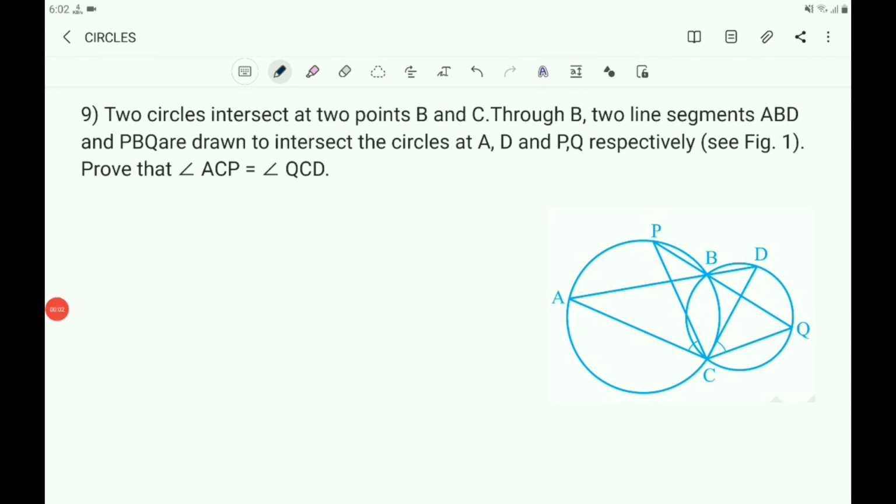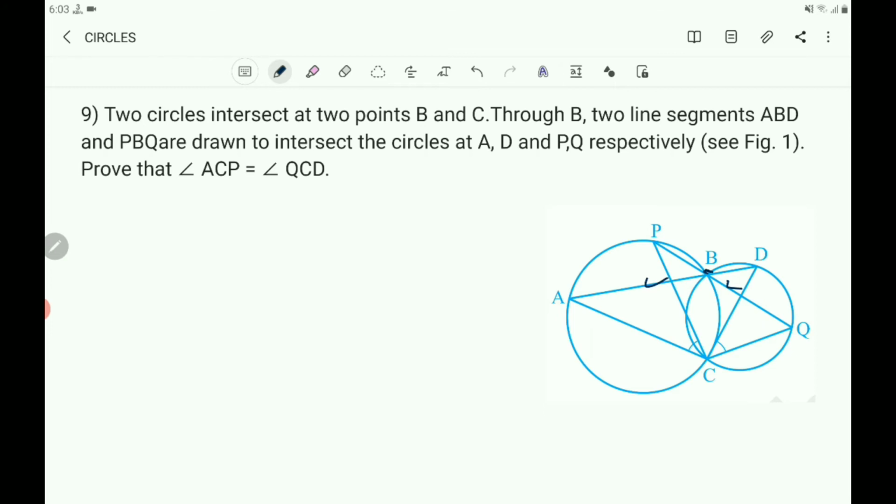Now the ninth question. Two circles intersect at two points B and C. Through B, two line segments ABD and PBQ are drawn. Through B, there are two line segments, one is PBQ and the other one is ABD.